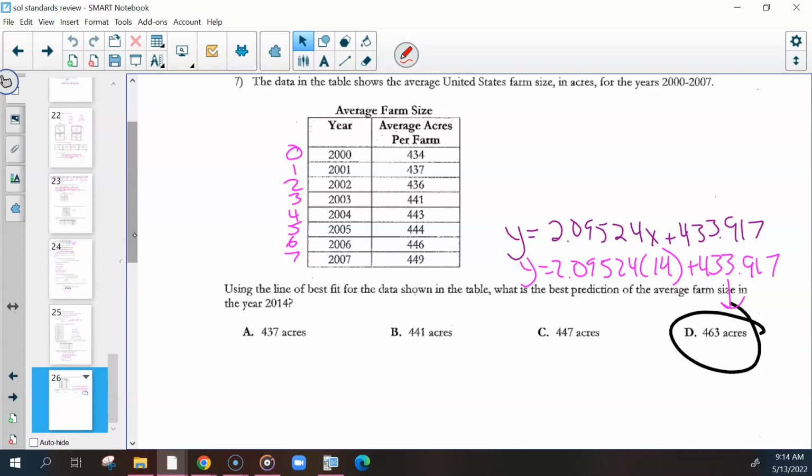So when you change these to how many years it has been since, you would put in 14, not 2014, because 2014 would be 2014 years after the first year, and that's not what we want. So if you put in 14, it would give you 463 and some decimals, but D would be your final answer.